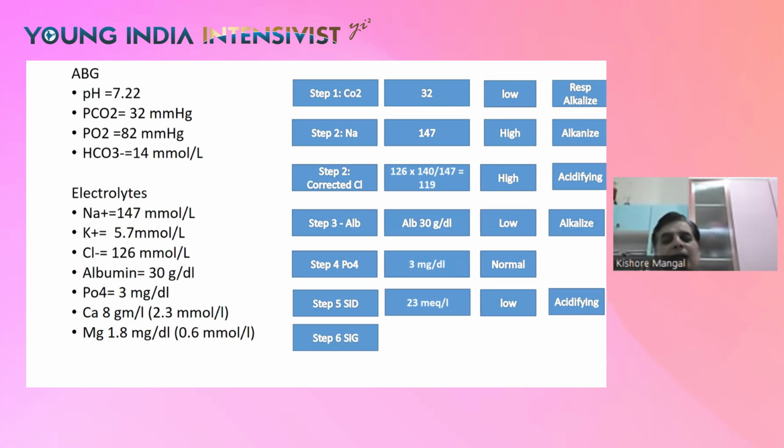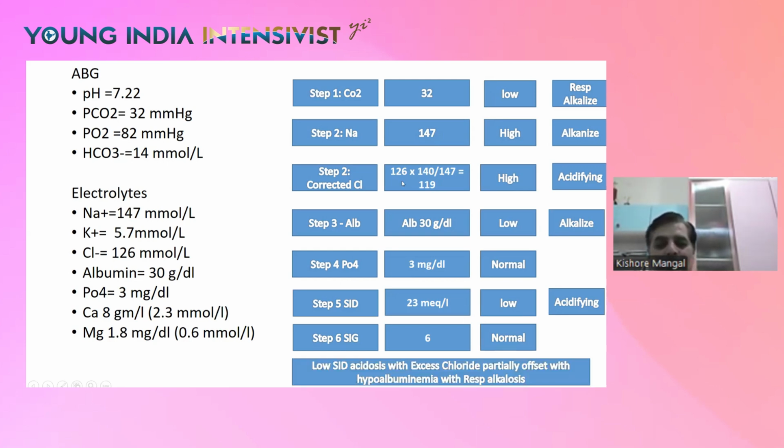And we calculate the SIG. SIG is all the cations minus chloride minus the SID, which comes out to be 6. 6 means that this is normal. That means here there are two things which are causing acidification. One is hyperchloremia, and that is leading to low SID, leading to acidifying.